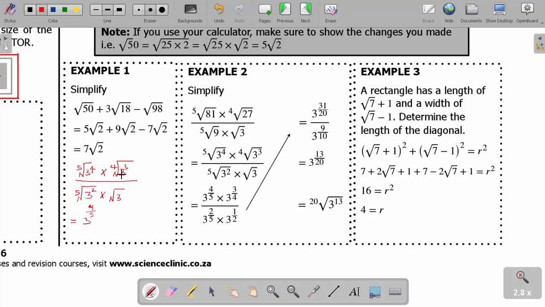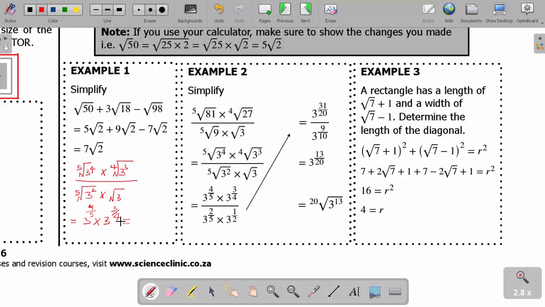Then, because it is the same base here, multiplied by 3 to the power 3 over 4, since the size of this root is 4. Because I have the same base, I'm going to add the exponents. So what is 4 over 5 plus 3 over 4?